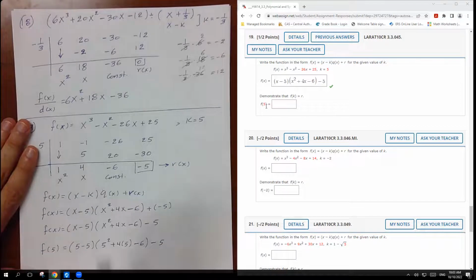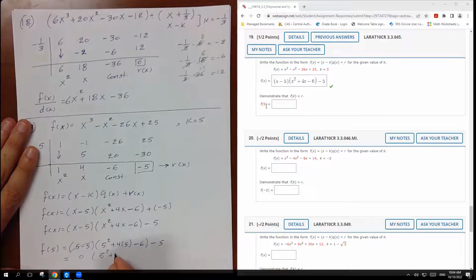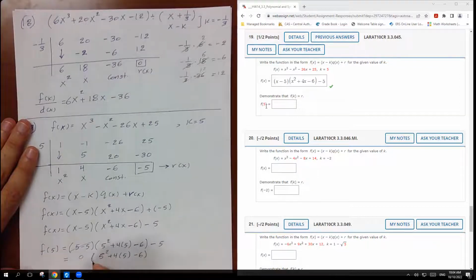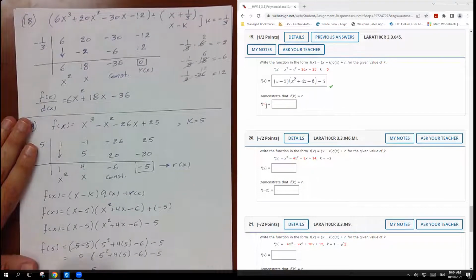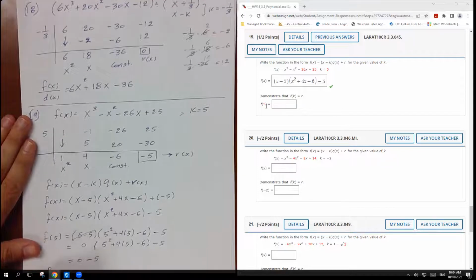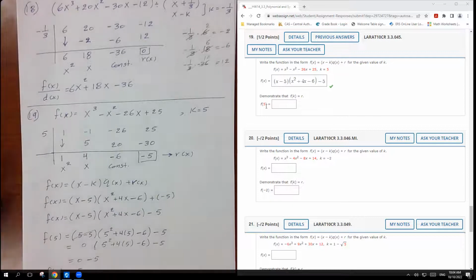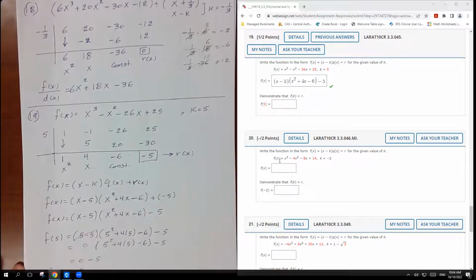If you look just at this part, it is 0. 0 times anything is going to be 0. 0 times 5 squared plus 4 times 5 minus 6 is 0, and here is minus 5. That means f of 5 is going to be equal to -5. So we're just going to type here -5.